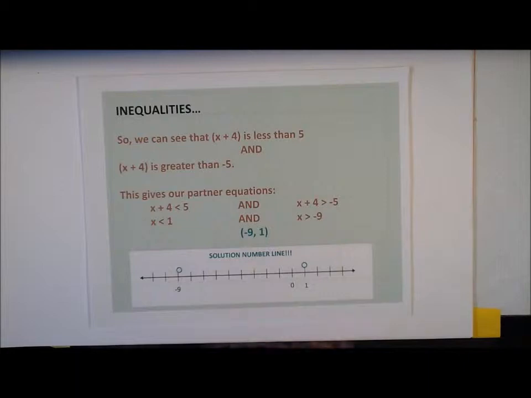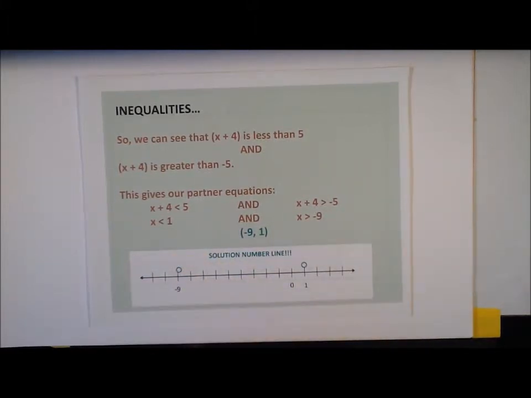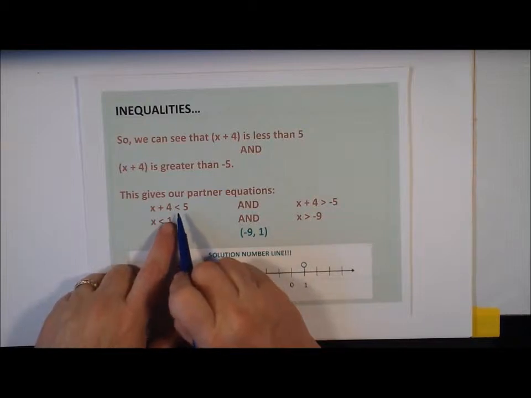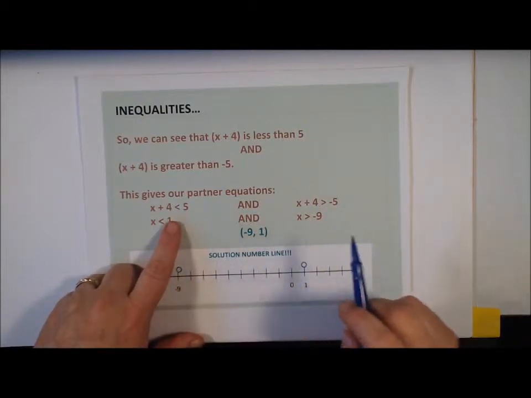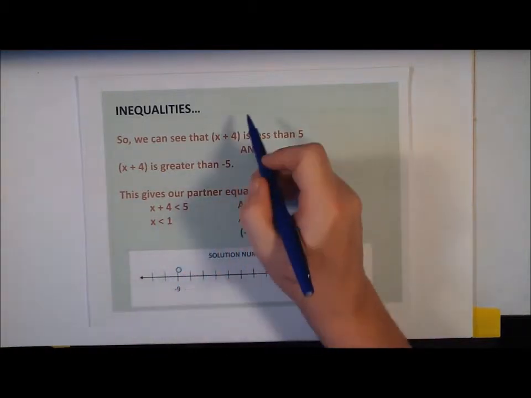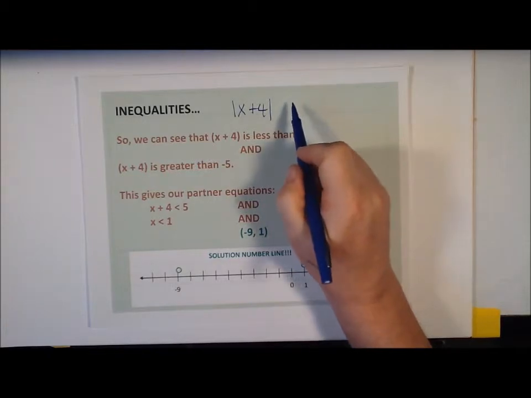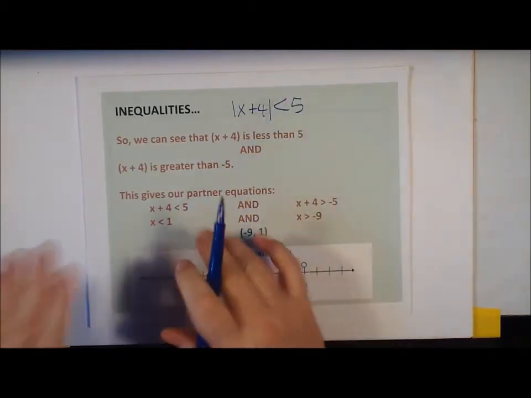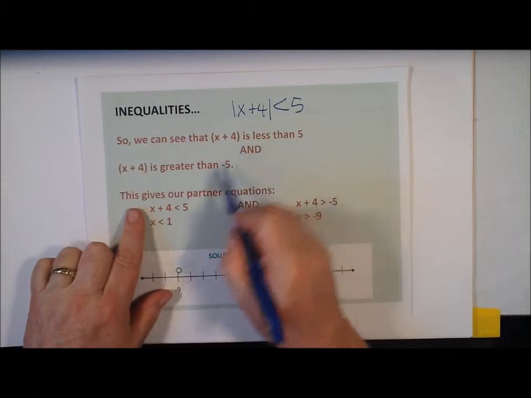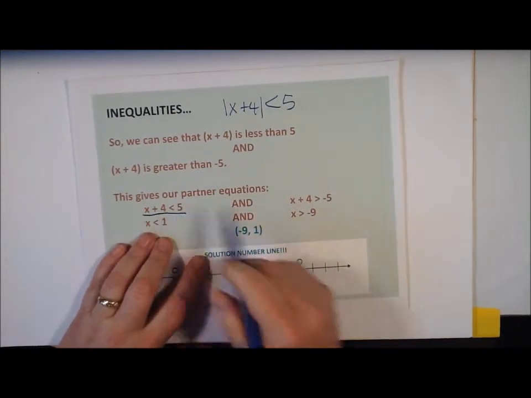So there's a couple of things here. We can set this up as partner equations just like we've always done. I did it backwards on this one, I wish I hadn't. The original inequality was the absolute value of x plus 4 is less than 5. So all I did right here was I just copied it, took out the bars. So there's the original inequality.